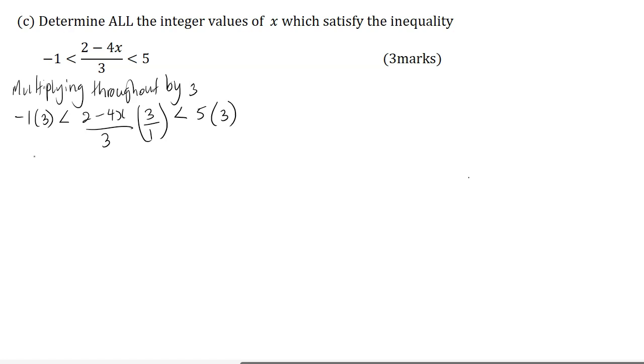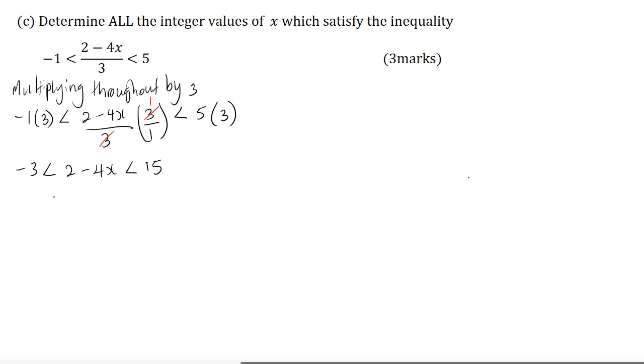So minus 1 multiplied by 3 here is minus 3. This is less than, and notice here that 3 will cancel into 3 and this will give 1. And we know 1 multiplied by anything is itself, so this here is 2 minus 4x, which is less than 5 multiplied by 3 here is 15.